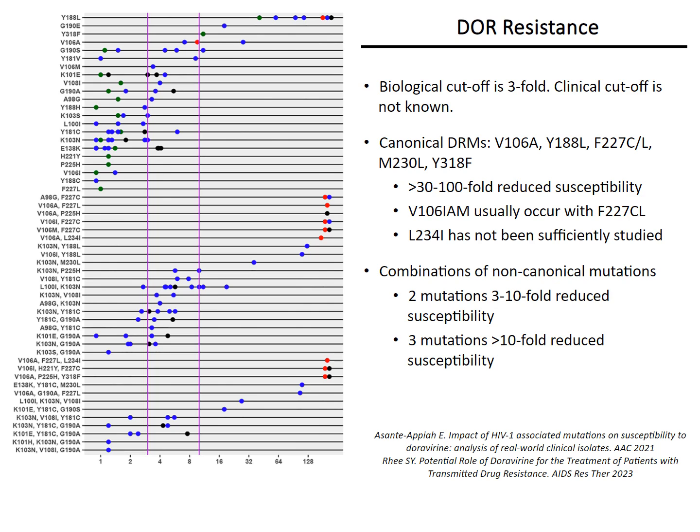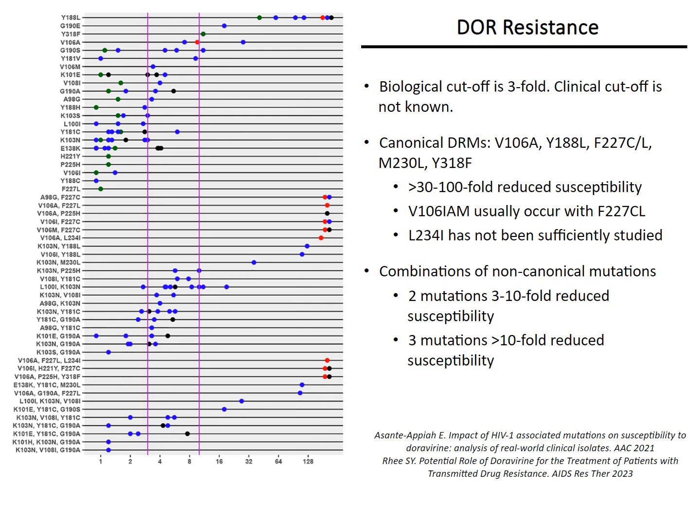F227C and L have been associated with greater than 100-fold reduced susceptibility when they occur in combination with other mutations, particularly V106I, A, and M. Certain drug resistance mutations require further study, such as L234I, which has been selected in vitro and which in combination with V106A has been associated with greater than 100-fold reduced susceptibility.